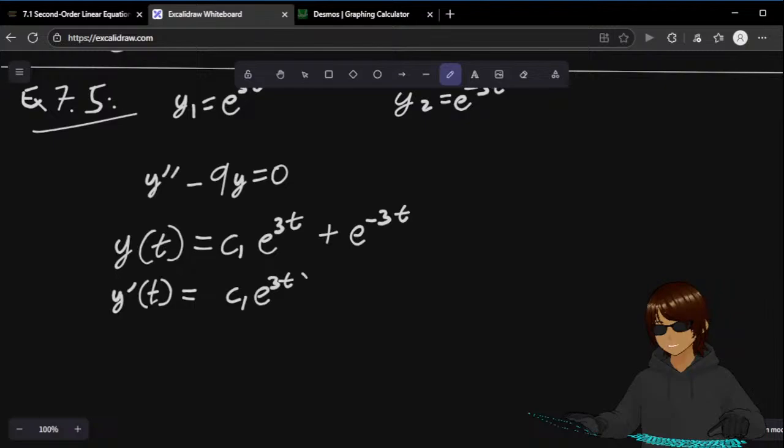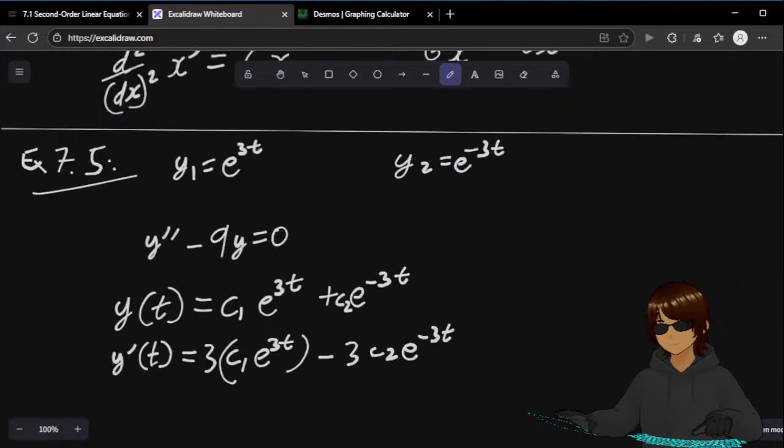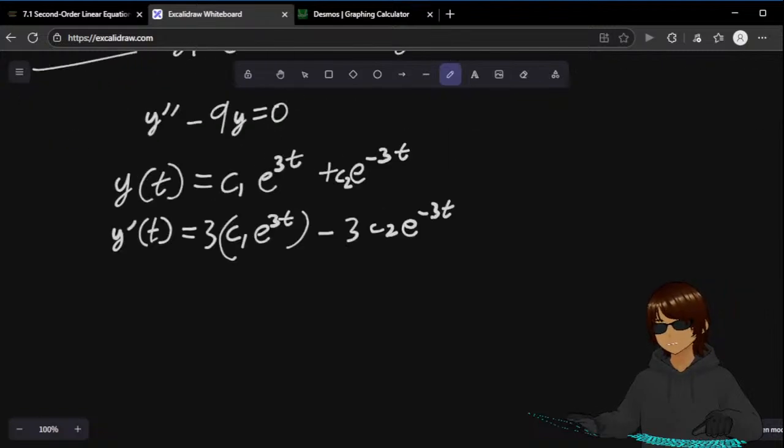Derivative of 3t is just 3, plus the same thing but with minus. This has to be C2. Now what do I do with this? Do I bring the double derivative? 3 and C1 are constant and the same thing. 3 times 3 is 9. Minus 3, 9.